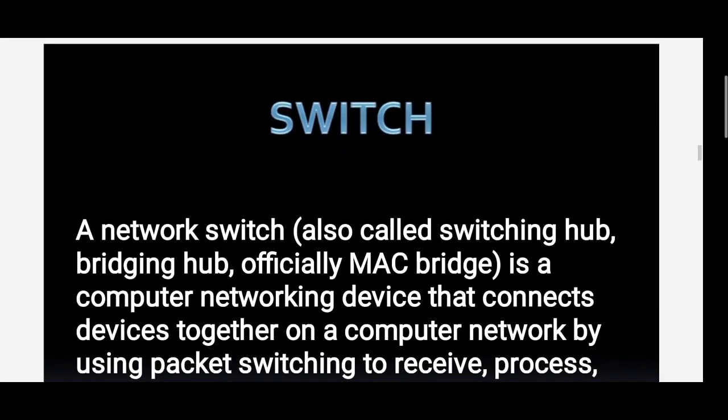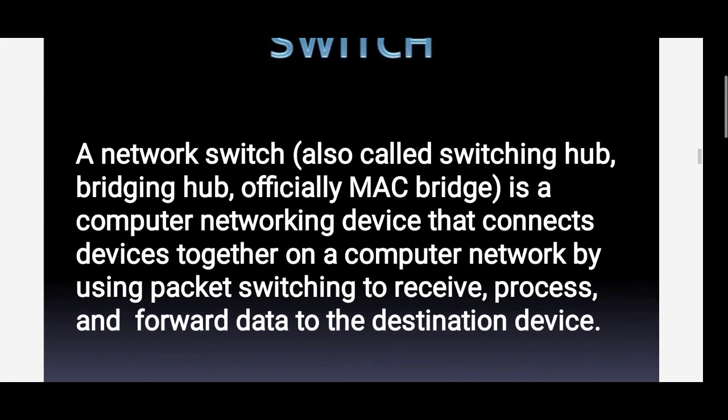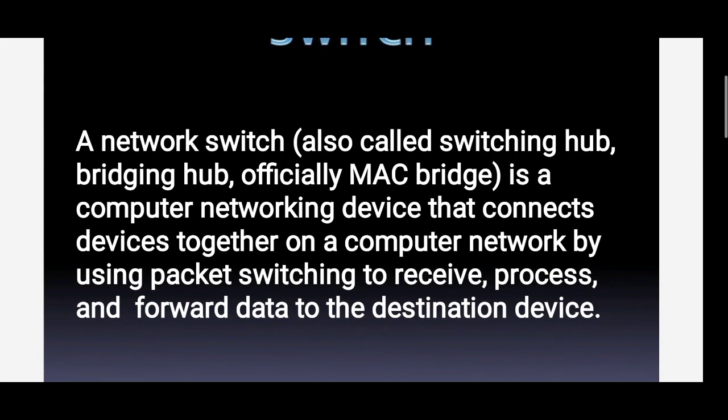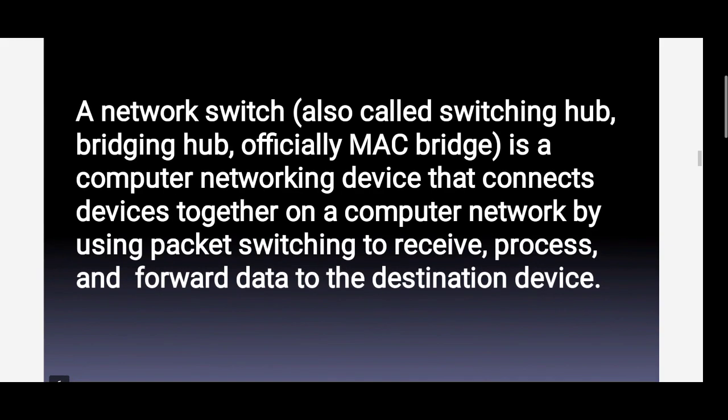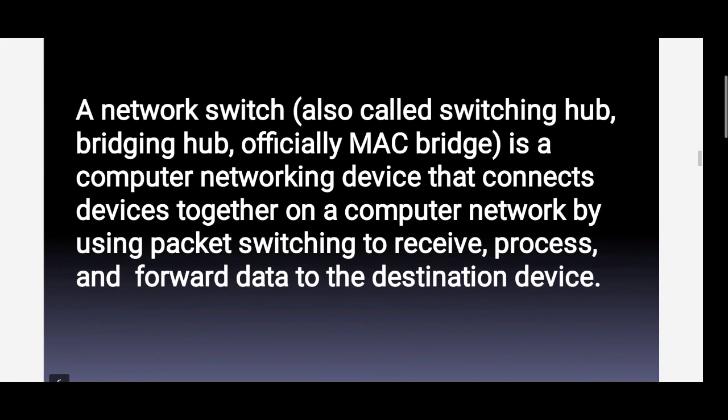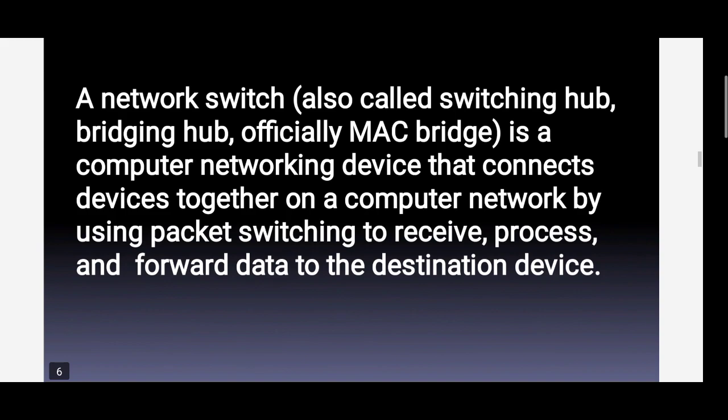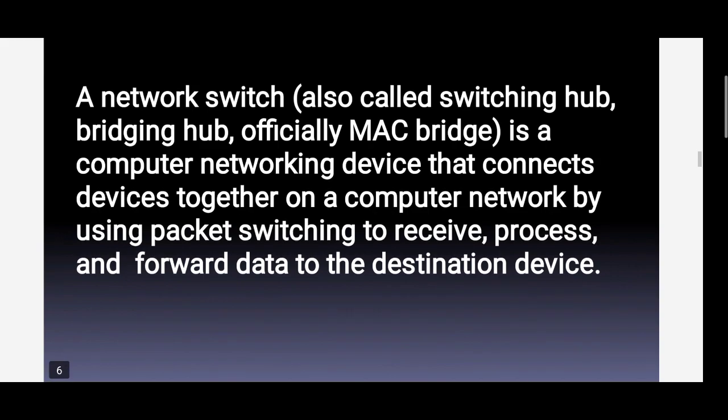Okay, here a network switch, also called a switching hub or bridging hub, officially MAC bridge, is a computer networking device that connects devices together on a computer network by using packet switching to receive, process and forward data to the destination devices.